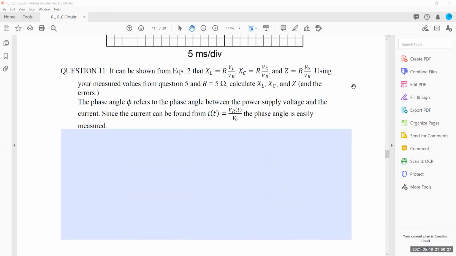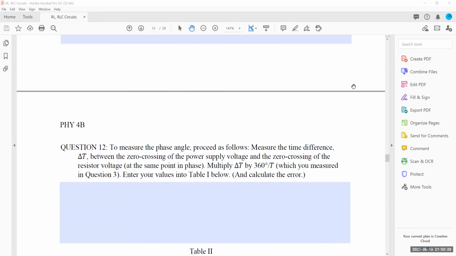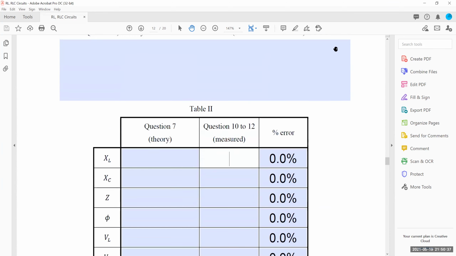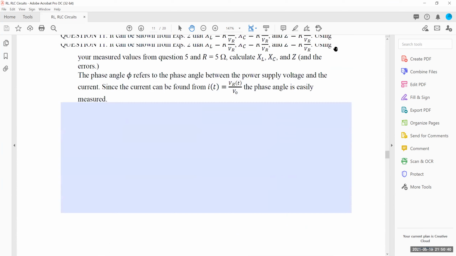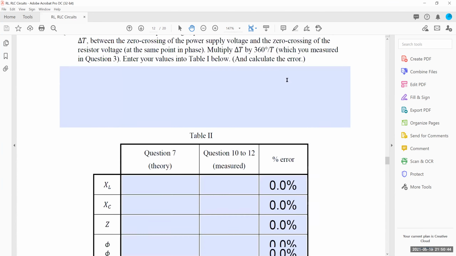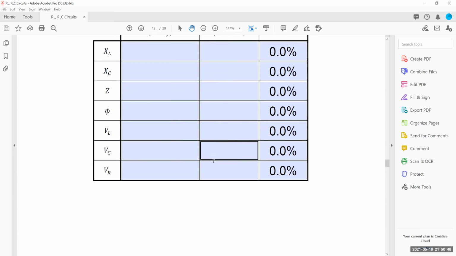R times VL over VR. This is how much XL is supposed to be. Okay, R times VL over VR, based on this value for VL and VR, the ones that you just measured.